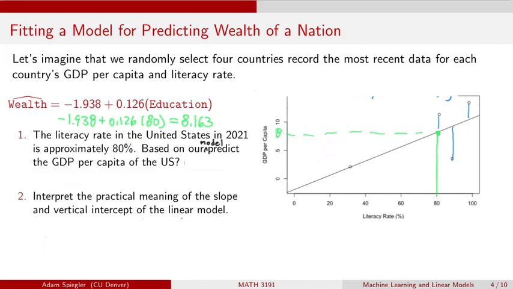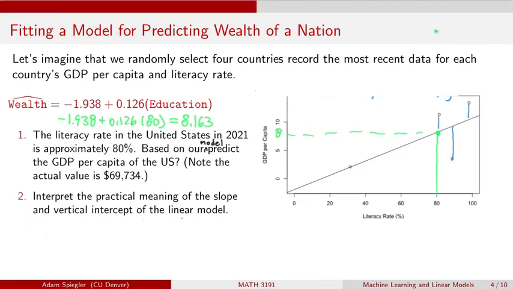And this means that their GDP per capita is predicted to be $8,163, for example. And we can compare this to the actual value for the GDP per capita for the US, which was actually 69,734. So this would not have been a good estimate for the United States.